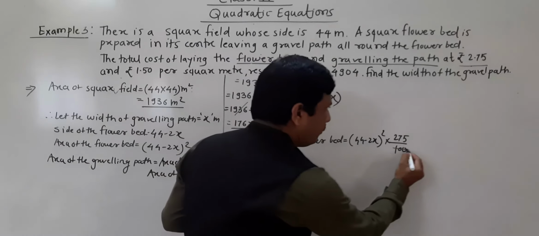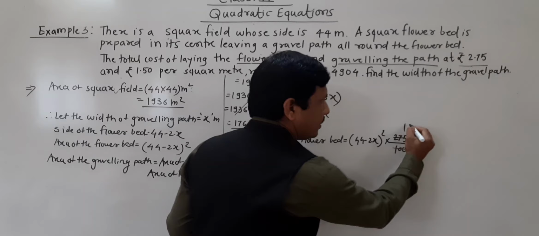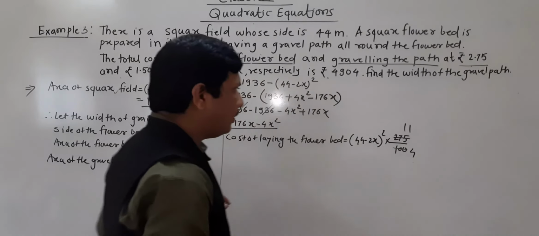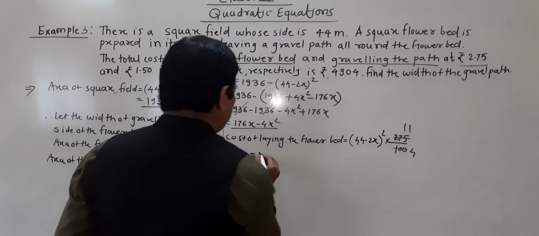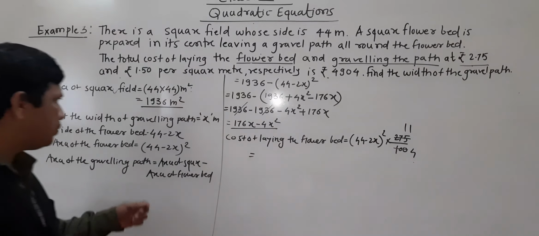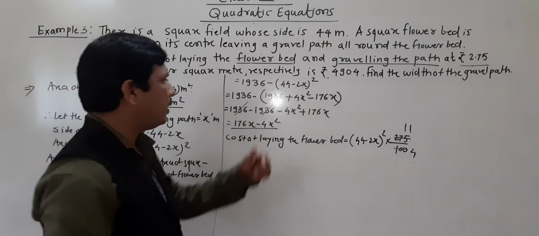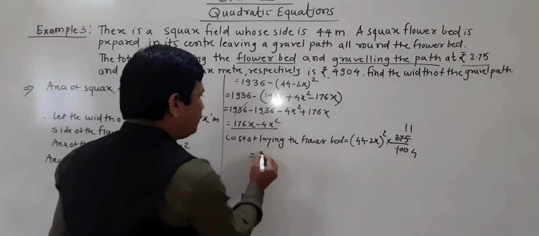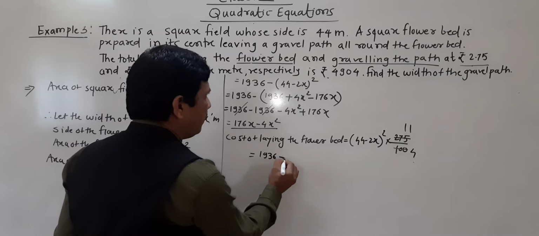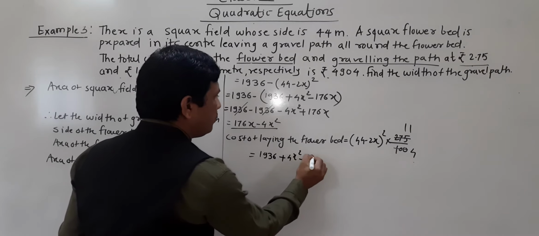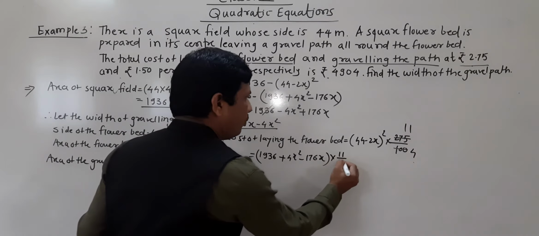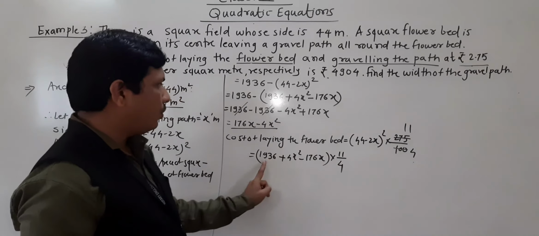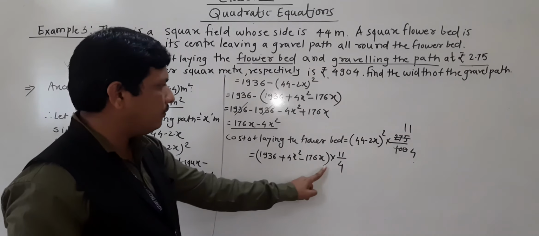We can take 25 ones are 25, 25 fours are 100. We need to expand this, that is, the (44 minus 2x) whole square we have here, so I directly use 1936 plus 4x square minus 176x, multiplied by 11 upon 4. All three terms are divisible by 4.